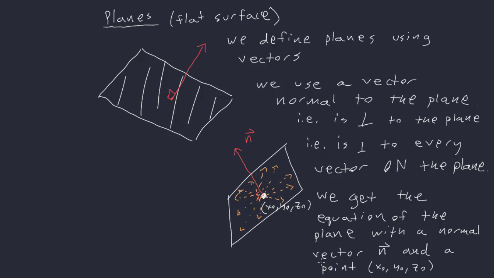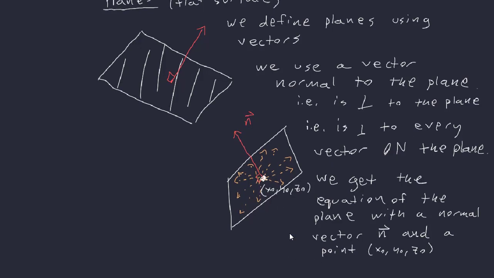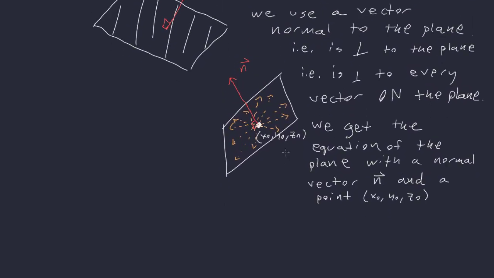Okay, well, how do we do this? It basically comes from just what we've said here. If we have a vector that we know is normal and we have a point that we know sits on the plane, we've got everything we need.